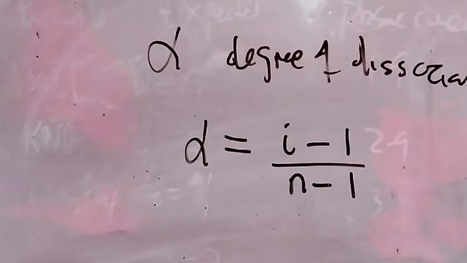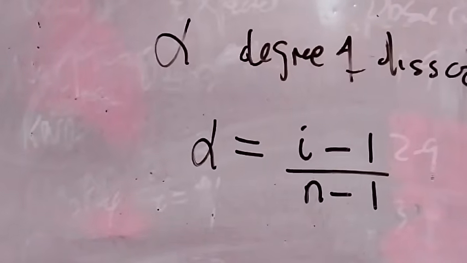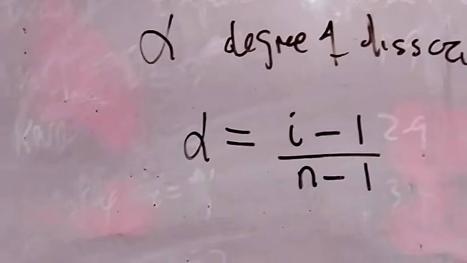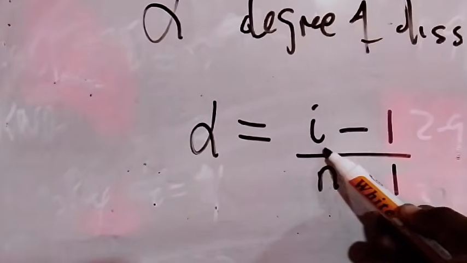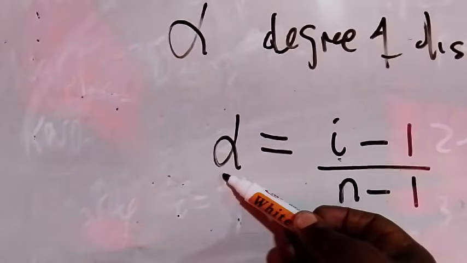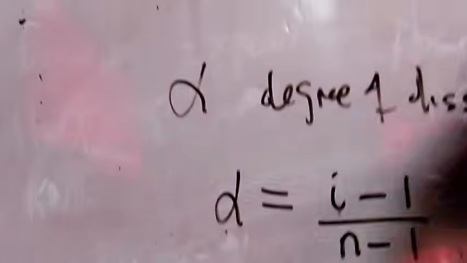That is the degree of dissociation. Let's see how we can use this equation with an example. I is the Van 't Hoff factor, and alpha is the degree of dissociation.